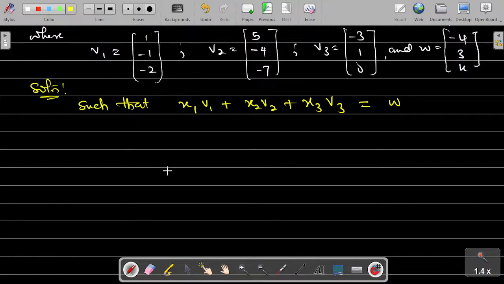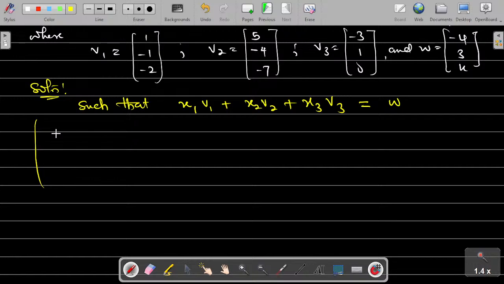Okay, so let's quickly do that. It says next set up the augmented system, solve to get that w is in the span if k is equal to dash. So in other words, if we set up these vectors in matrix form, each of the vectors will form a column.